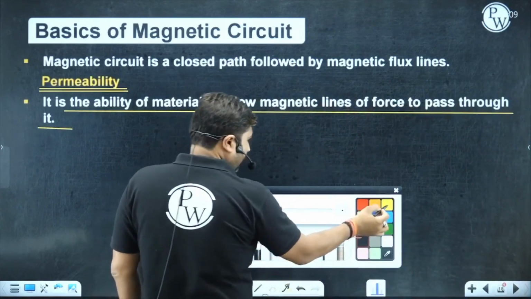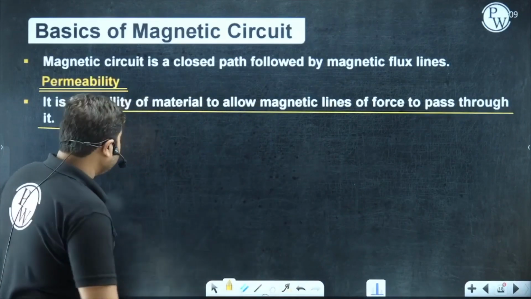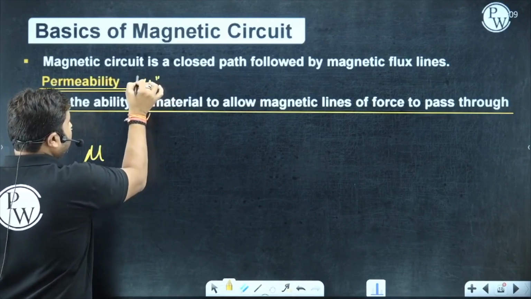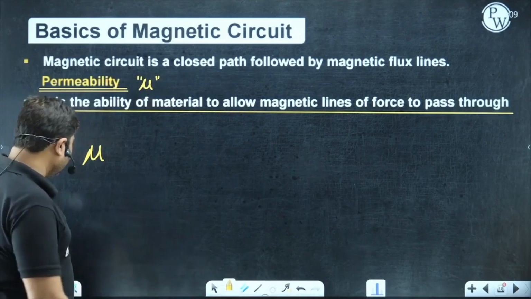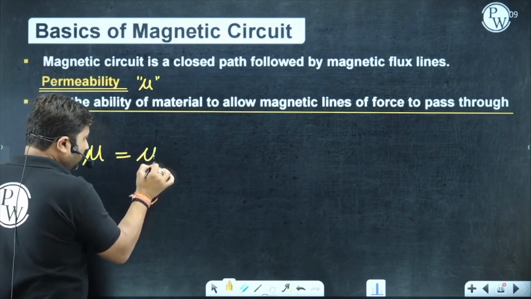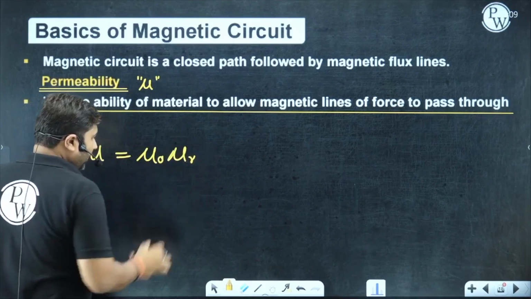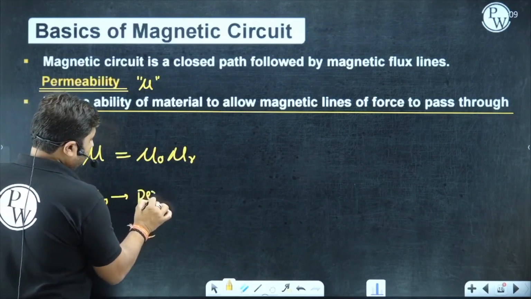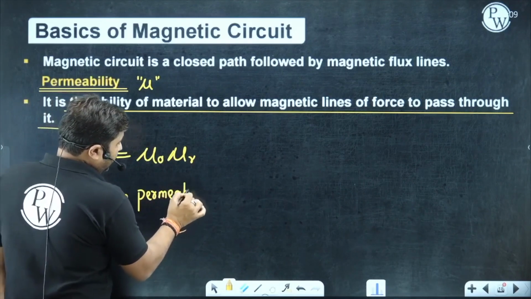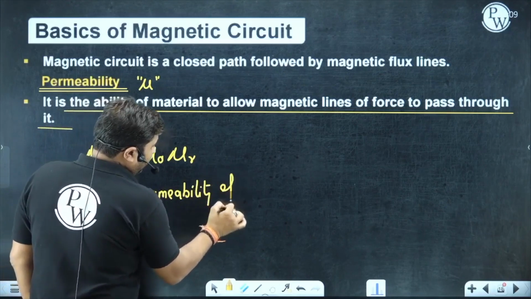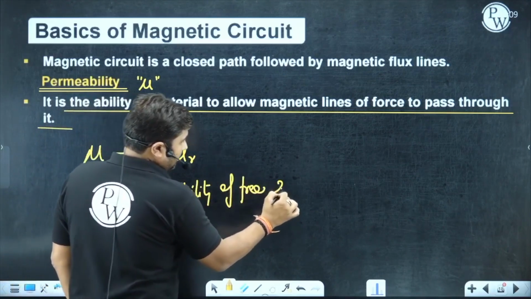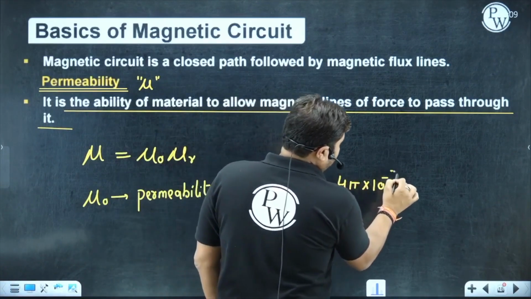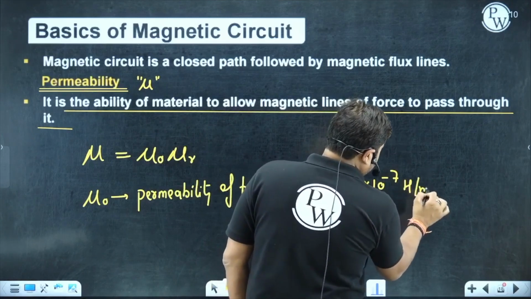Now please observe. Permeability is represented by the symbol mu, and mu is equal to mu naught into mu r, where mu naught is called the permeability of free space, and its value is 4 pi into 10 to the power of minus 7 Henry per meter.